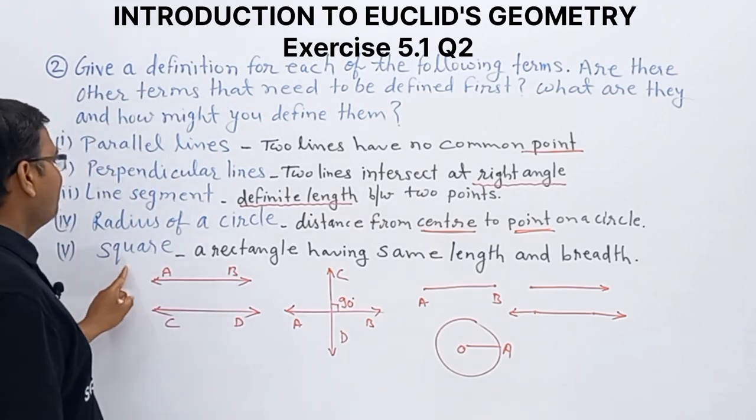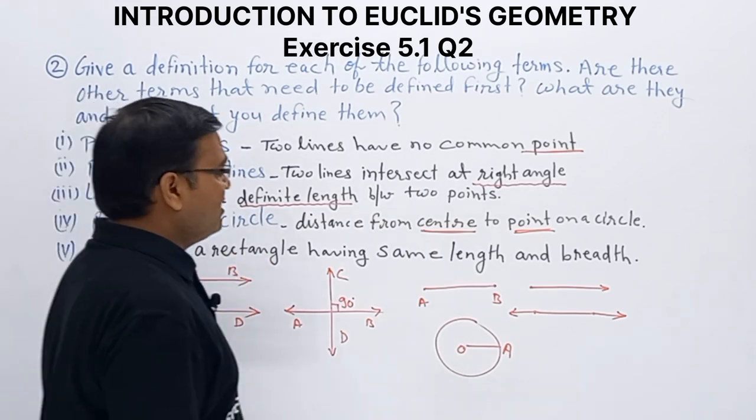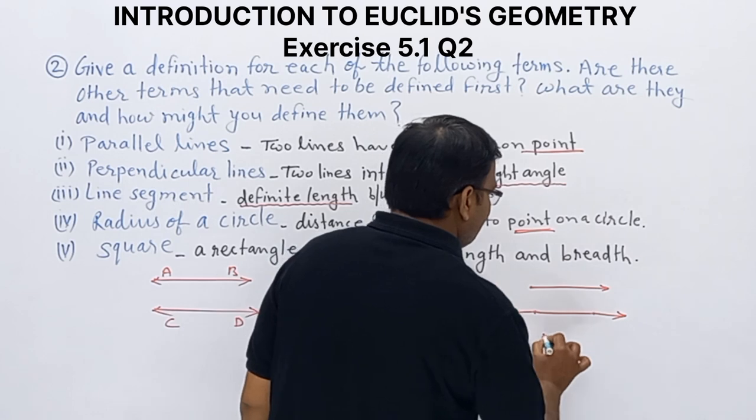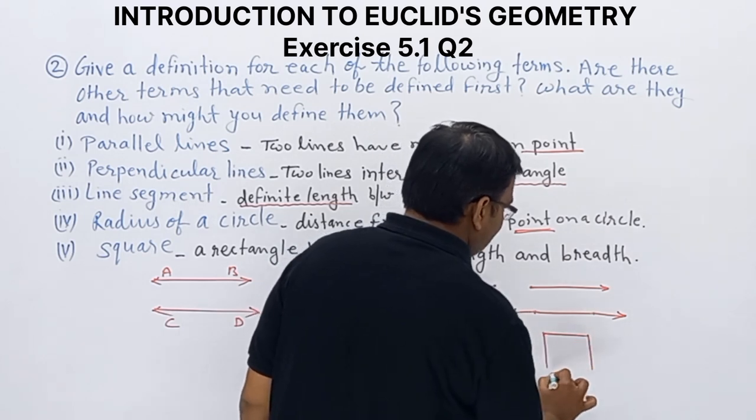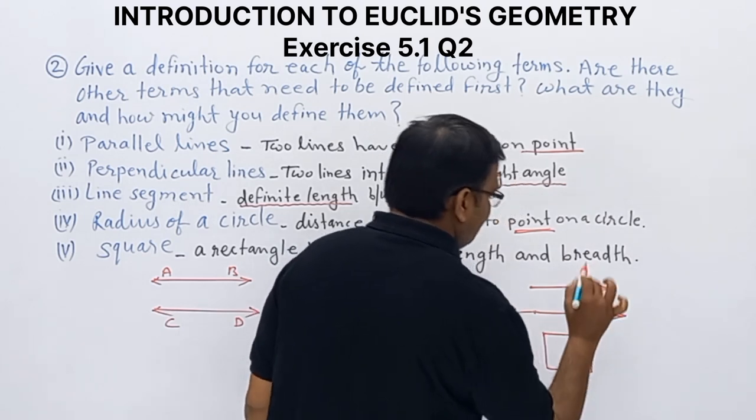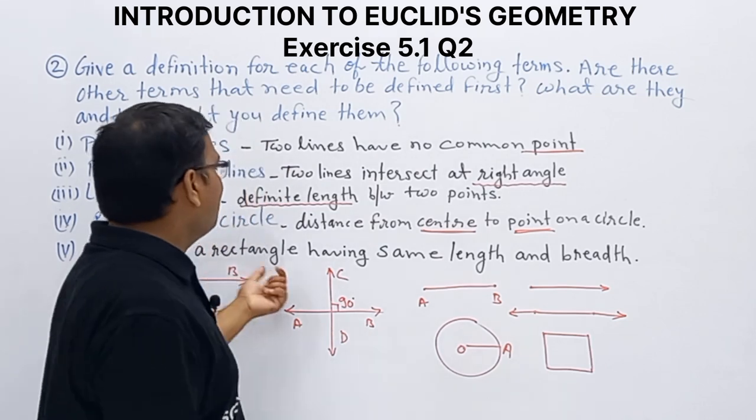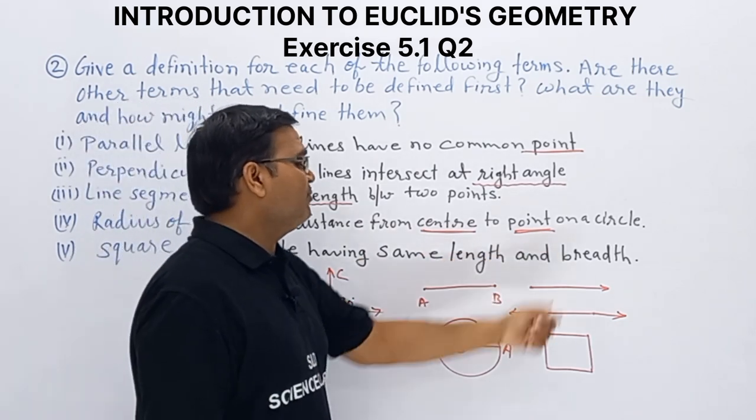Now last one, square. A square is a rectangle having the same length and breadth.